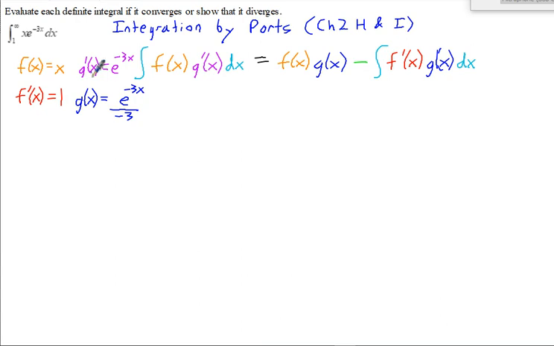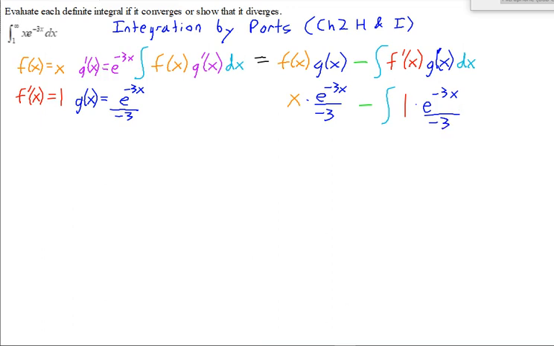So now we have everything we need to rewrite this with integration by parts. f of x is x. g prime of x, we just figured out, is e to the negative 3x over negative 3, minus the integral: f prime of x is 1, and g of x is e to the negative 3x over negative 3.